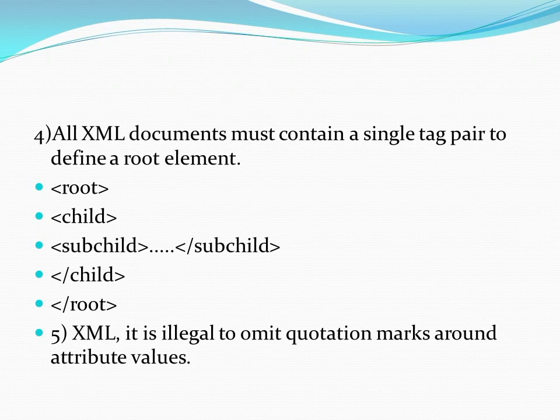So in an XML document, all other elements must be within the root element. All elements can have sub-elements. Sub-elements mean child elements. The sub-elements must be correctly nested within the parent element.